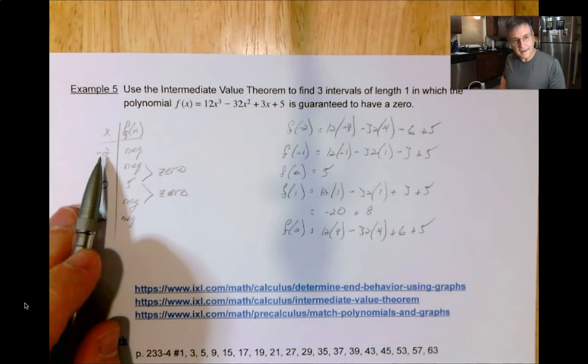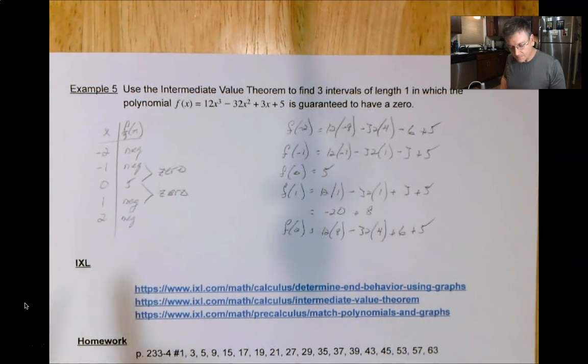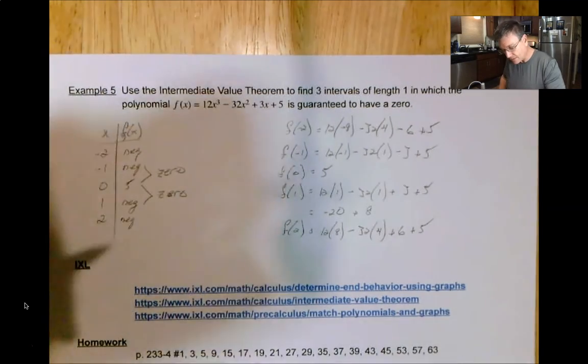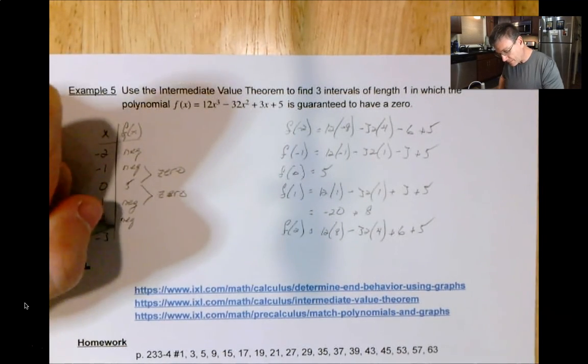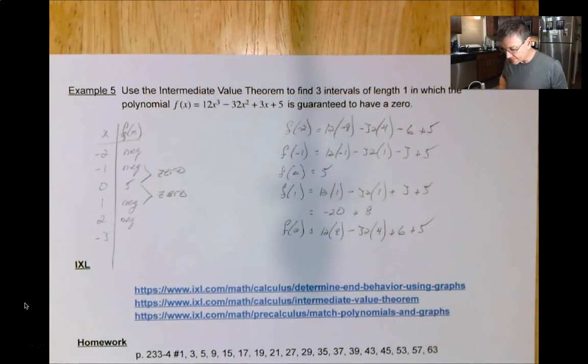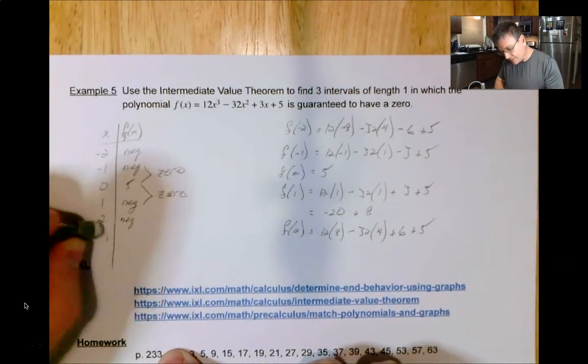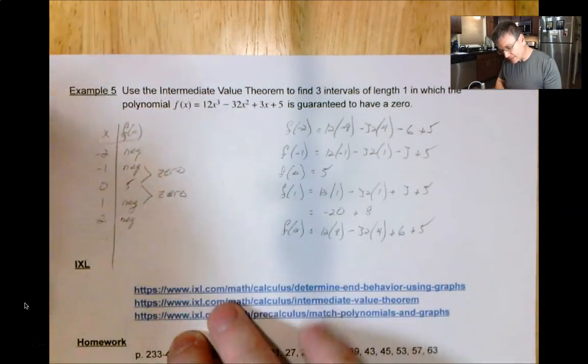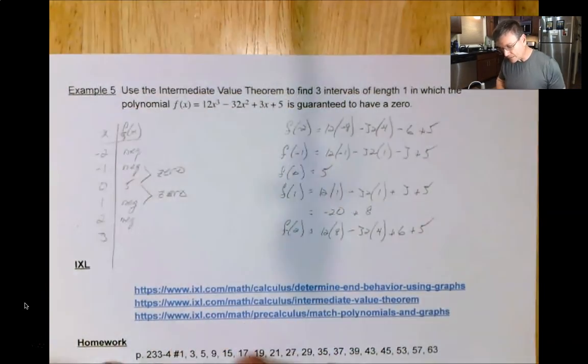Okay. I'm going to try -3. I don't know why. Maybe it's +3, but I'm going to try -3. No, change my mind. I'm going to try +3. My instincts are now telling me +3.